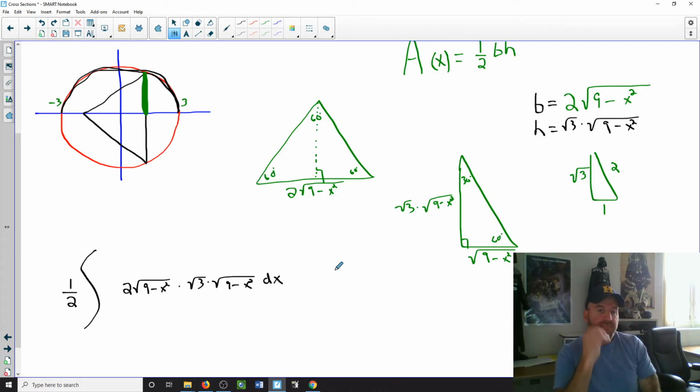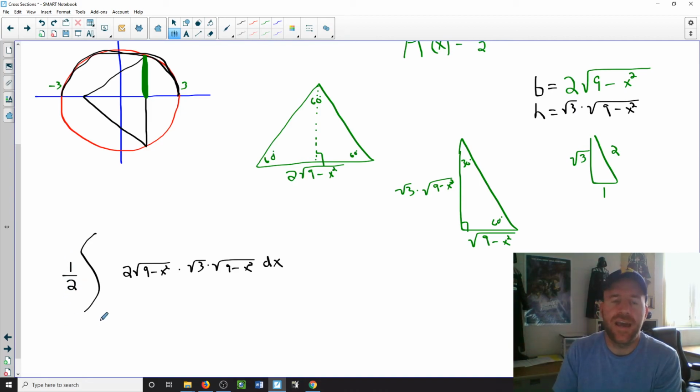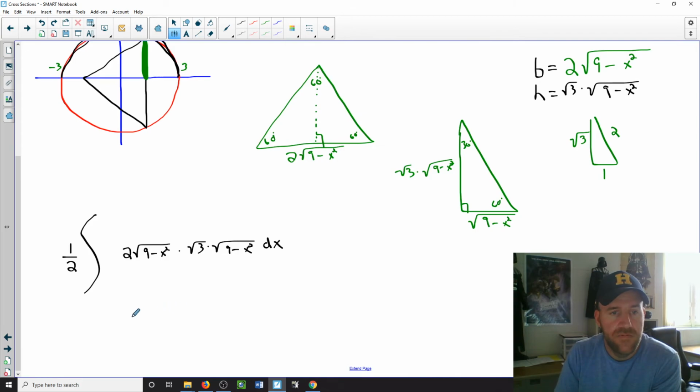Here's the setup. We can simplify this a little bit. Just out of habit, I took the constant to the front, and I didn't really need to in this case because the 1/2 and the 2 will cancel out. A square root multiplied by itself is what's inside. So this cleans up to be root 3, which jumps out front, and we're just left with 9 minus x squared on the inside.